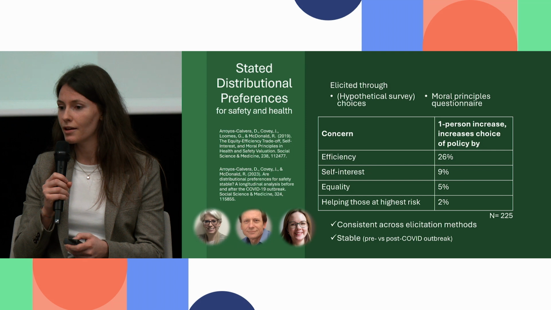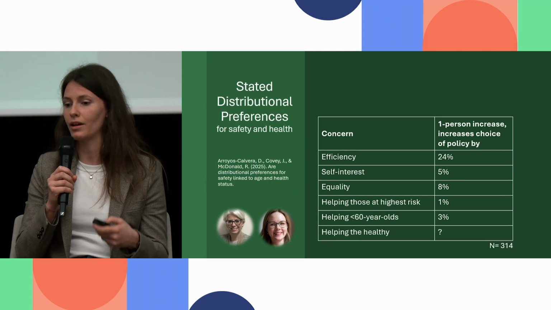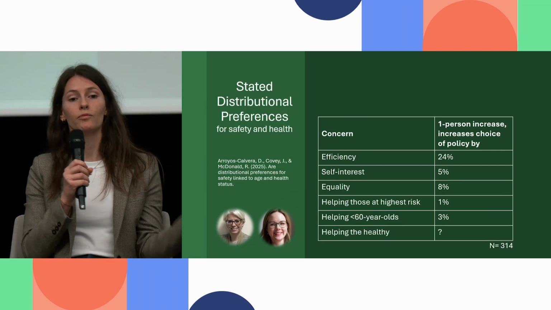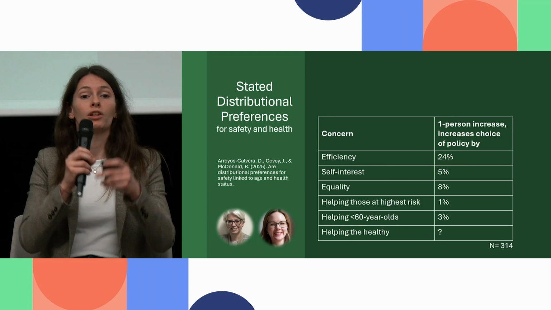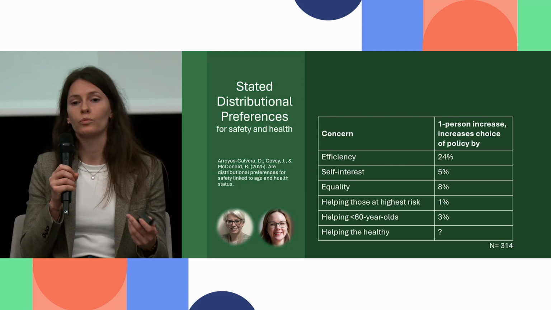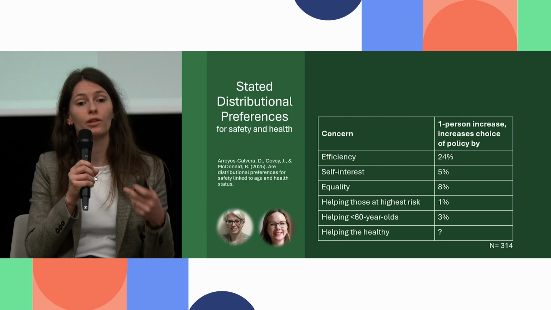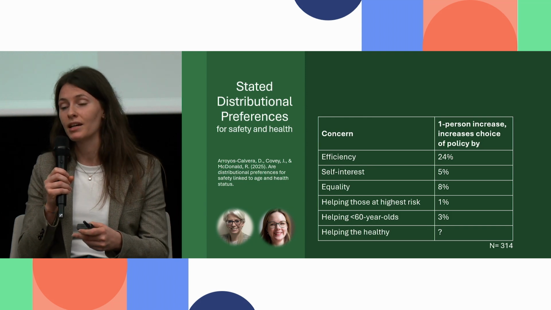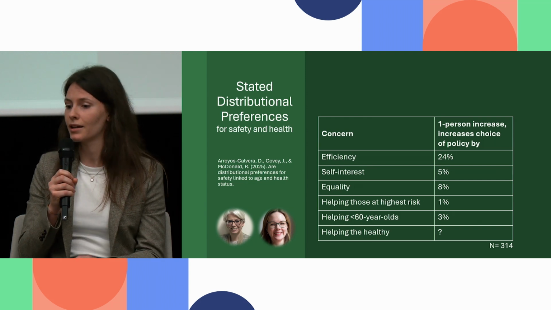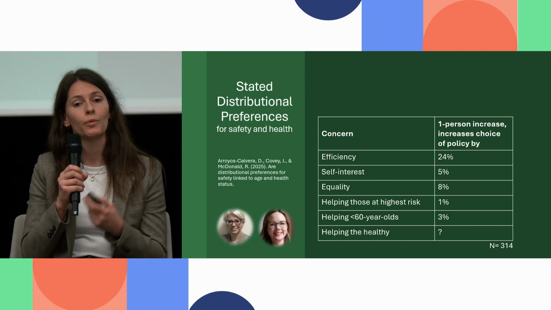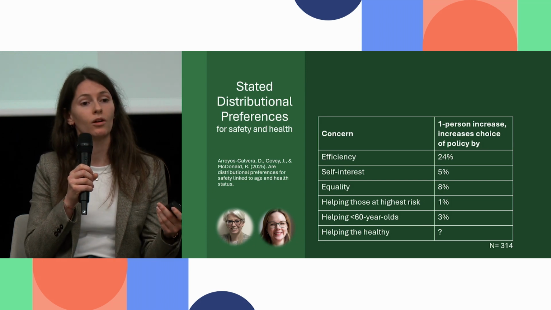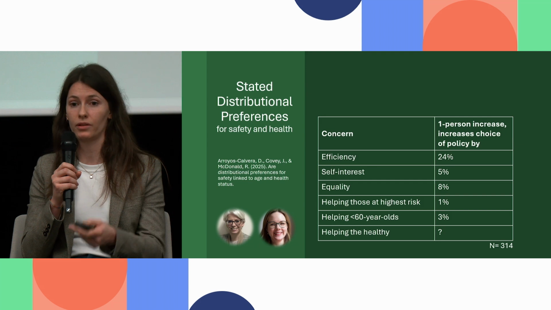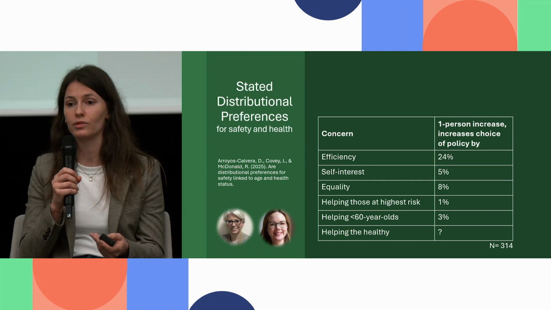And then we've also spoken about having other preferences. So in the previous slide, I just showed you general distributional preferences that didn't have anything to do with who the people being helped were. And in a following study that we're currently still analyzing, we also asked about whether people wanted to prioritize people depending on their age group and depending on their health, which is something that has been mentioned before.